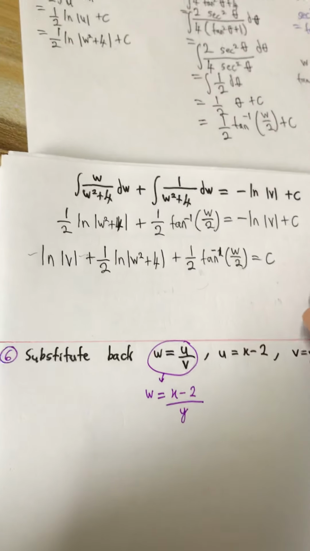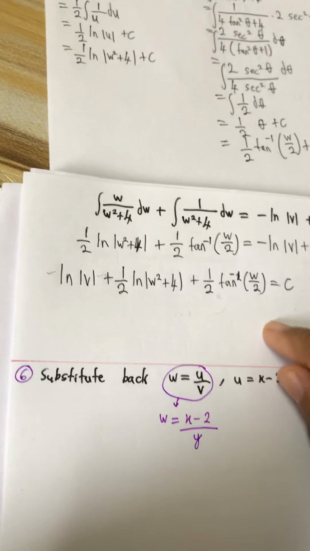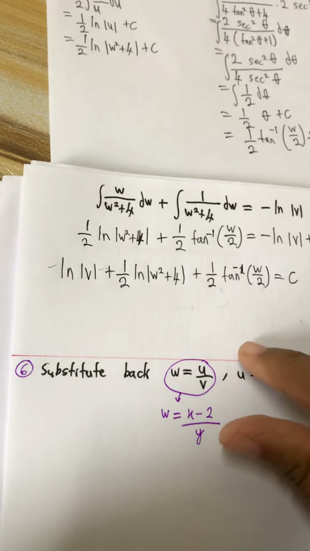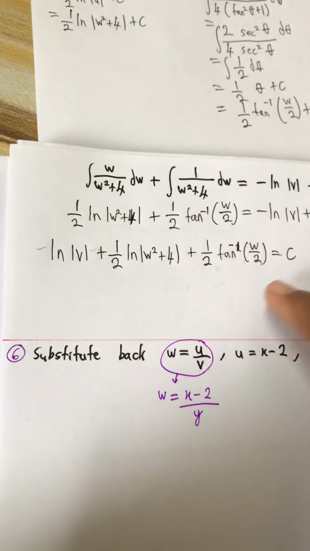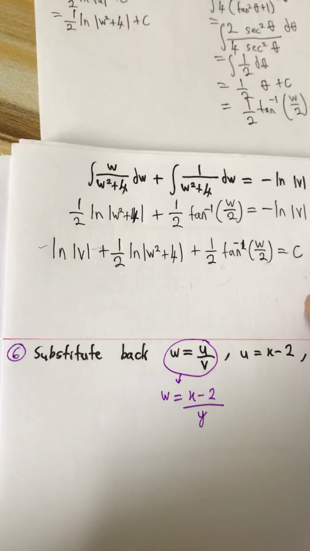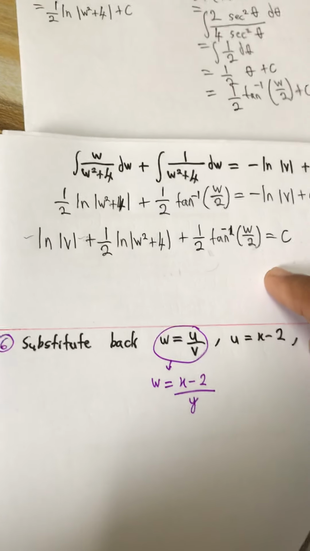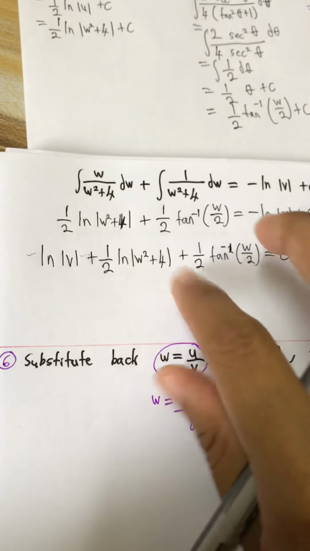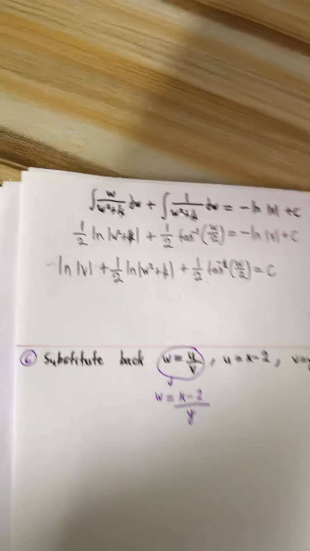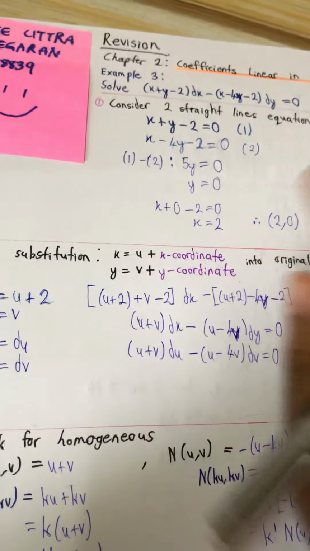So here we get the answer after we go through all the integration part. But then it will not be our final answer, because note here that in the first part we used two substitutions.